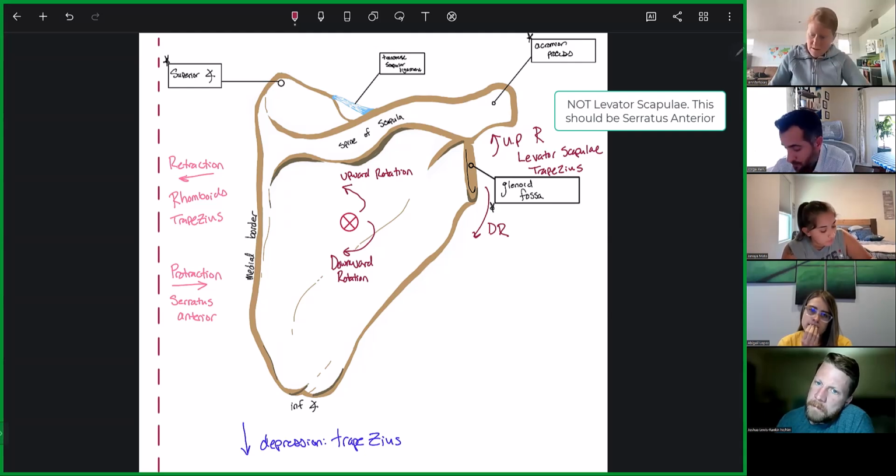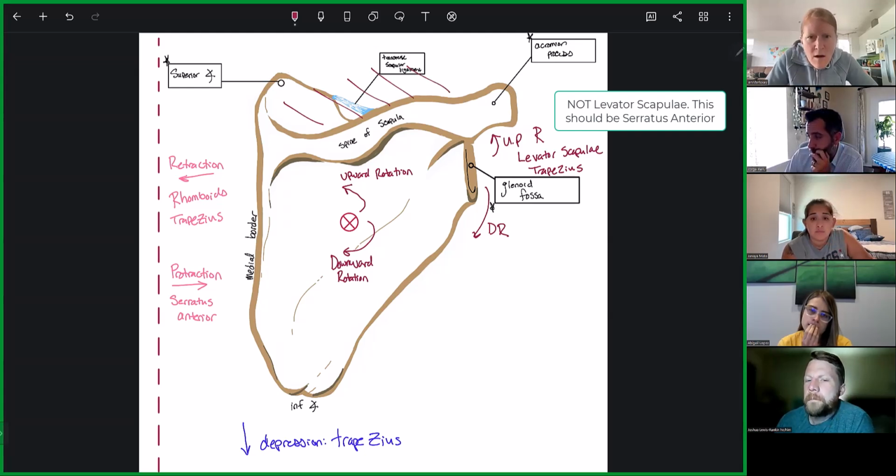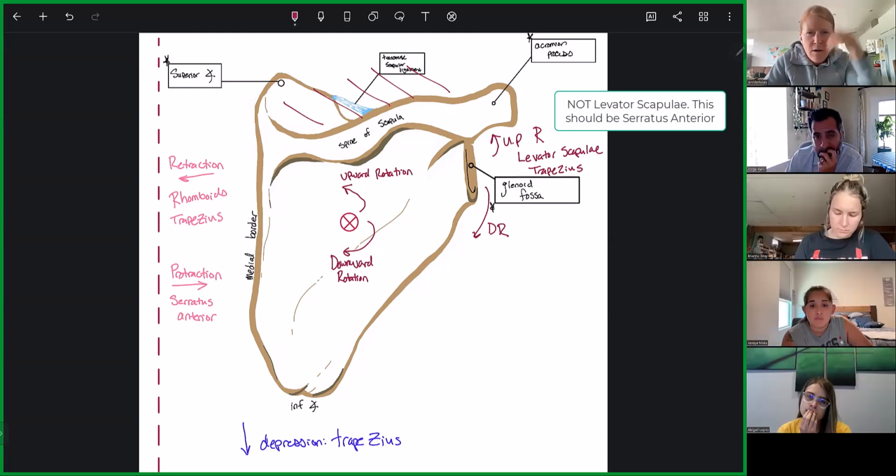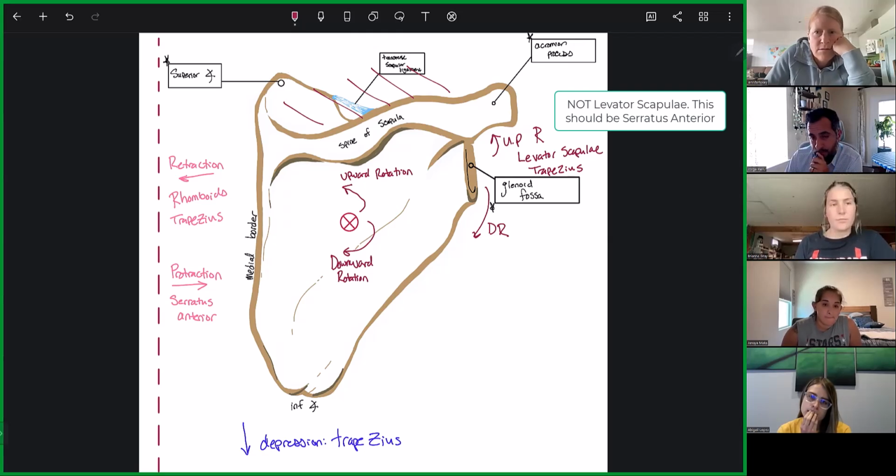So if I have trapezius attached here with those fibers on the spine of the scapula, you can see that it's pulling the spine to move that way, which is then going to move that glenoid fossa upward.